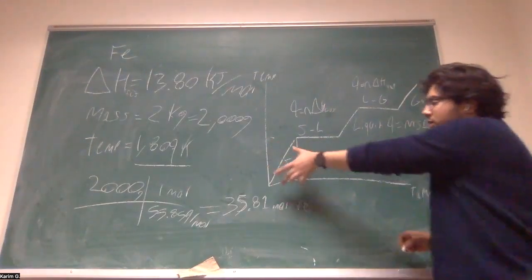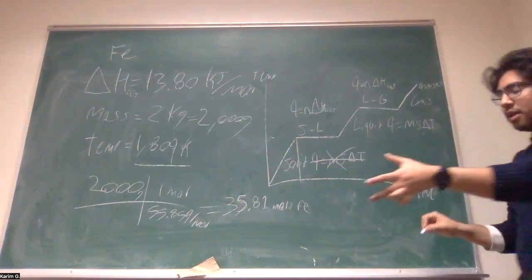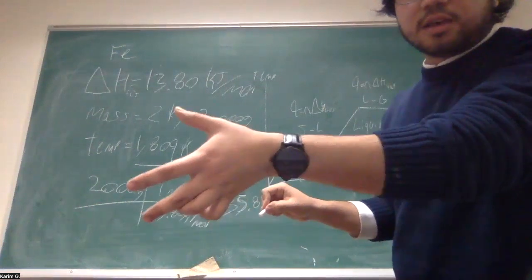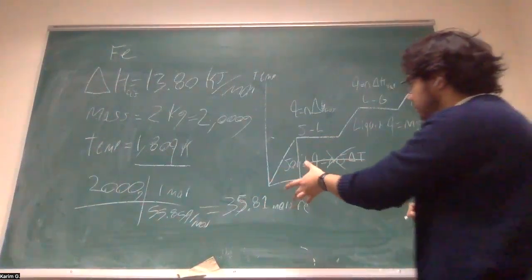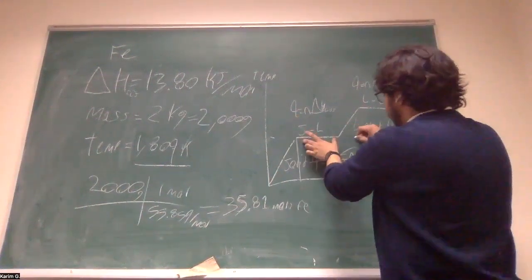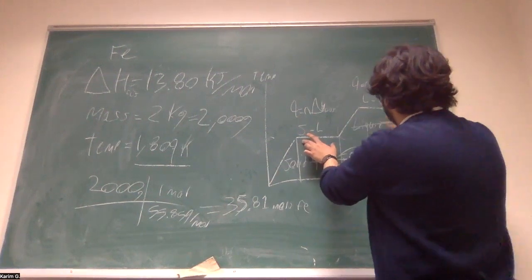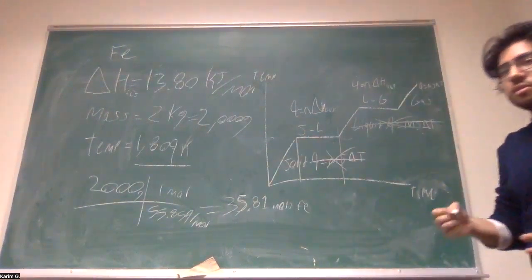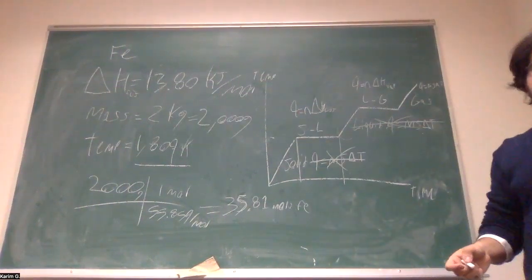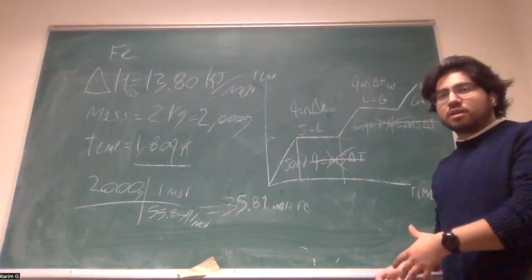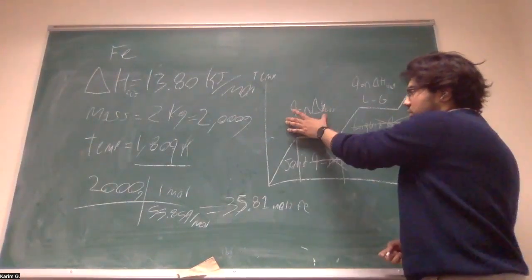So we can ignore this equation and this slope too, because it just wants this much heat to melt it. Remember, melting is solid to liquid. So we would just use this equation.